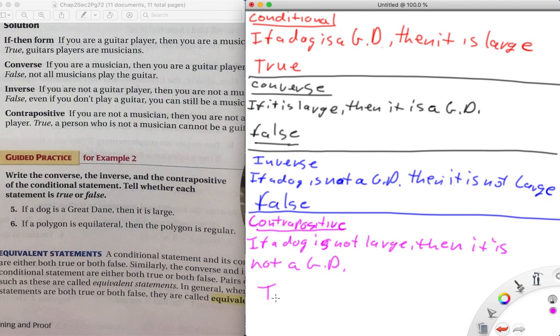This is true. I can't think of a dog that is small that's a Great Dane. So this is true.